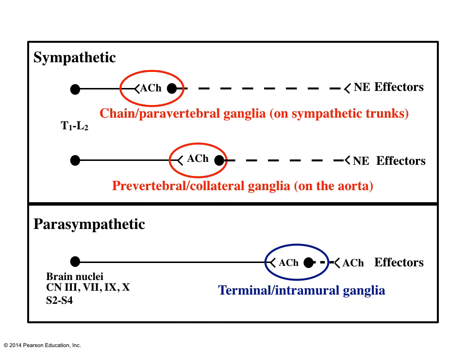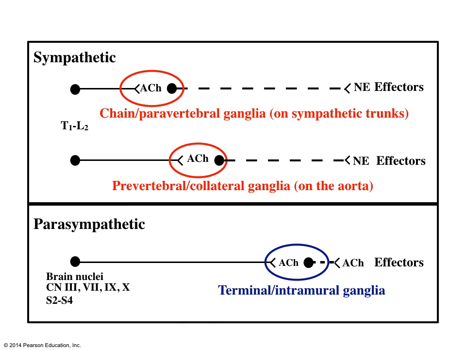Finally, the parasympathetic division, much more simple. The cell bodies of the preganglionic neurons are located either within the brain nuclei or S2 through S4. The preganglionic fibers, many of them travel with cranial nerves, and they synapse within intramural or terminal ganglia.